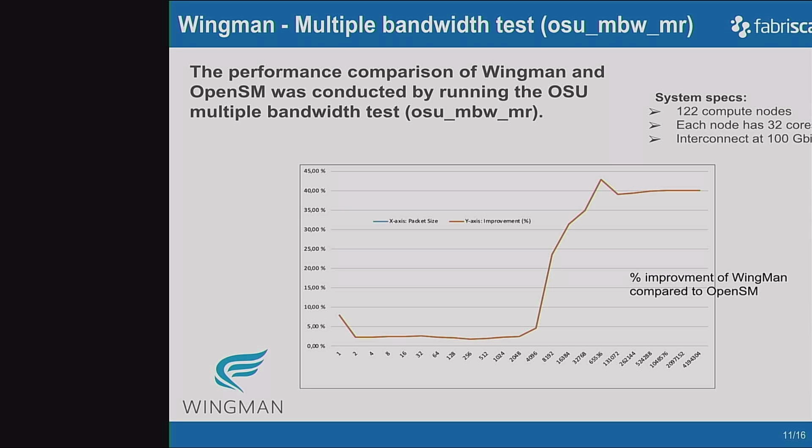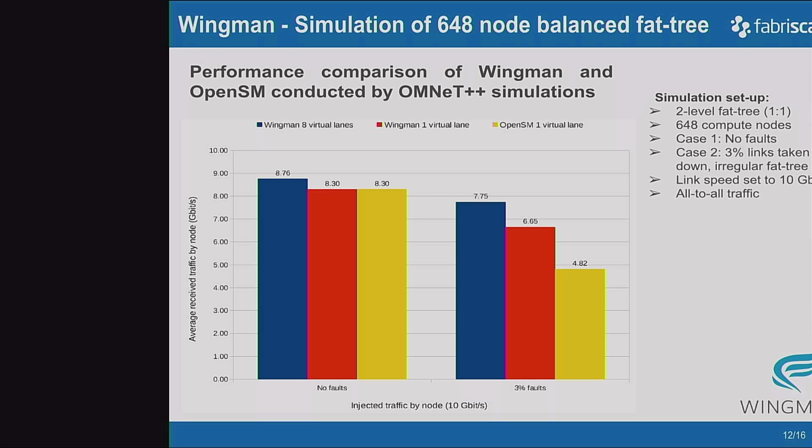And we found that actually as a function of the packet size in the test, we could show that the percentage improvement came all the way up to 40% when the packet size was increasing. So at that packet size, a bottleneck was created, and we could sustain the traffic better. So this is also application level performance. So we see that when there is traffic congestion, we can really help with better routing.